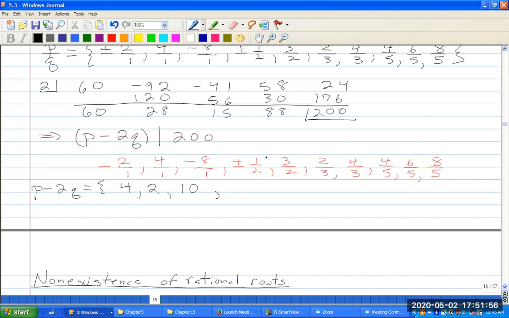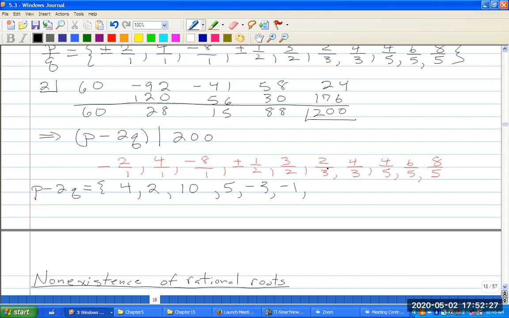Okay, so 1 plus 4 is 5. And then 1 minus 4. There's no way to do that yet. It's 1 minus 4 is a negative 3. And then negative 1.